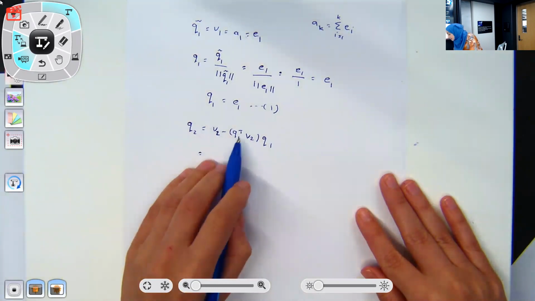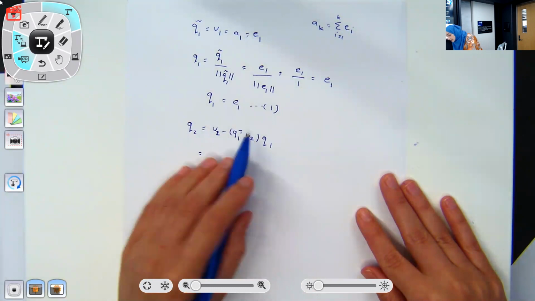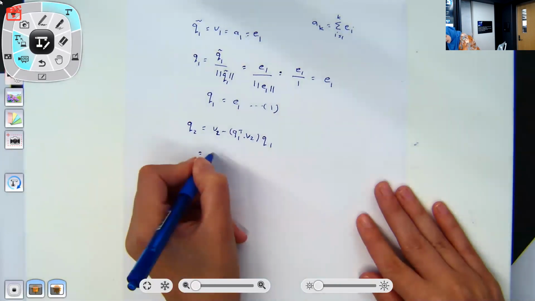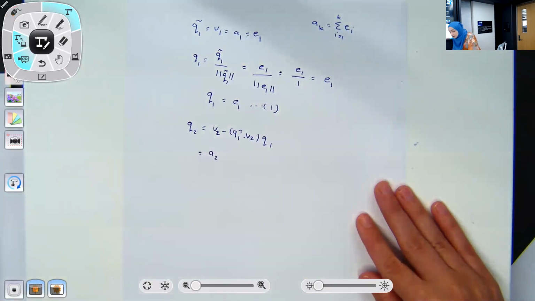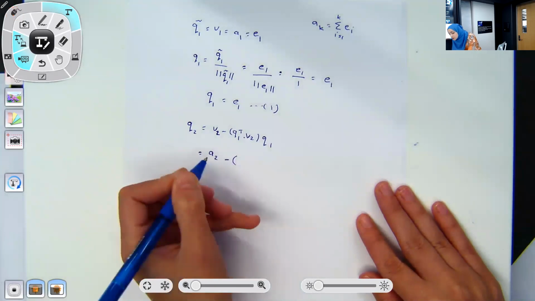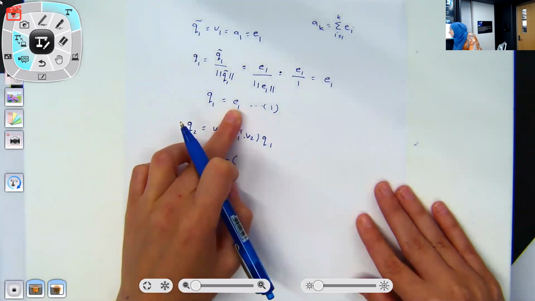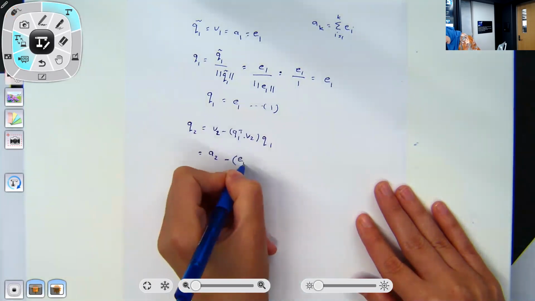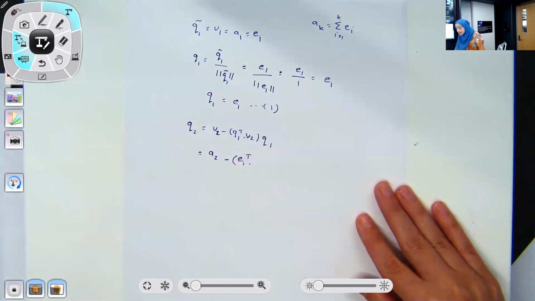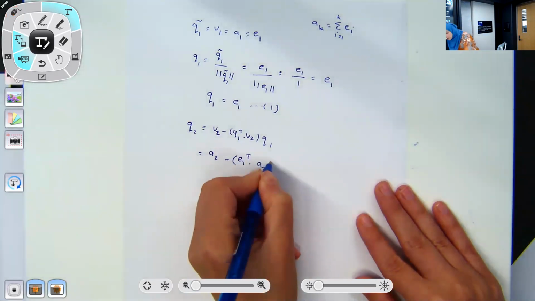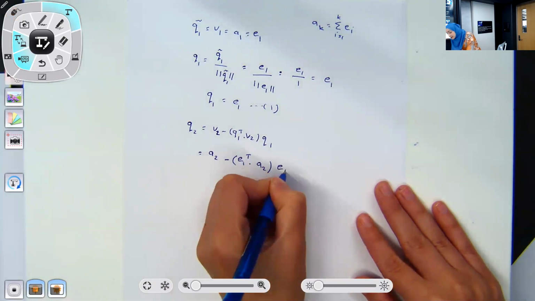Here there is an inner product, and all of this is multiplied with q1. Here v2 is the same as a2, minus q1 transpose. The value of q1 transpose is e1 transpose, multiplied with v2, which is a2, and all of this multiplied with e1.